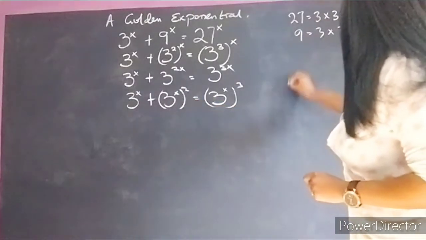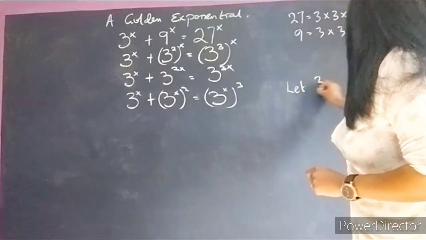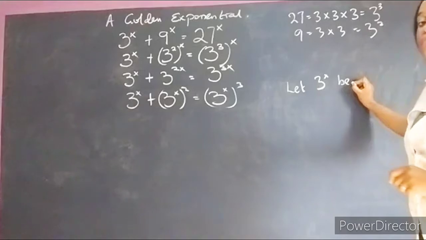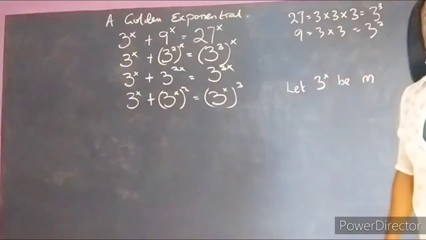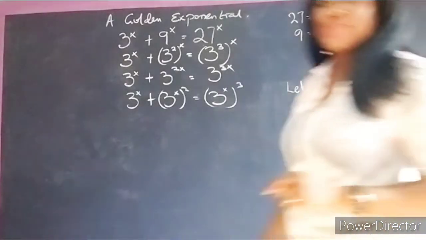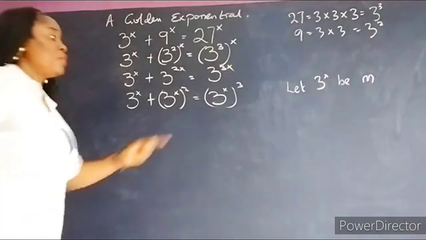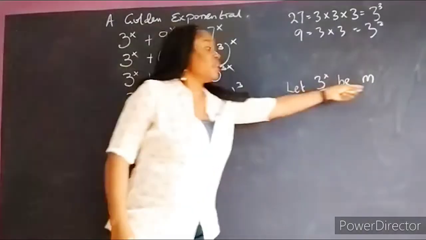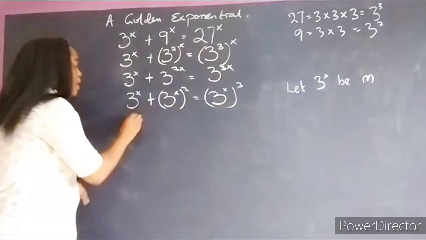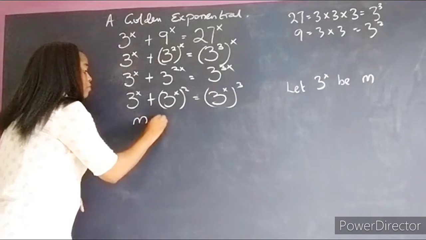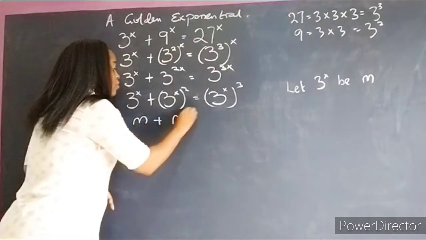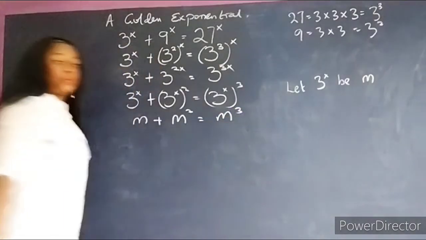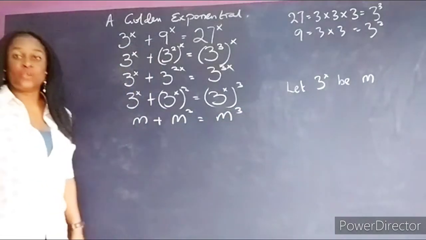So we'll say, let 3 raised to power x be represented by the letter m. Are we okay with that? So we're going to substitute anywhere you find 3 raised to power x with the letter m. So we have m plus m squared equal to m cubed.